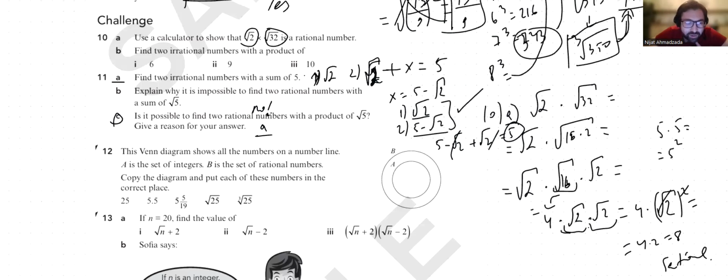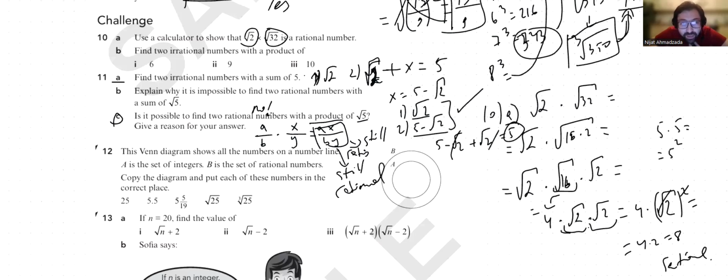So I'm guessing that we show it as a over b. So the second rational number, we can still show it as a ratio, x over y, right? When we multiply them, because it says with a product of square root of 5, we will get ax over by. So it is still a ratio, right? So then this is still rational.